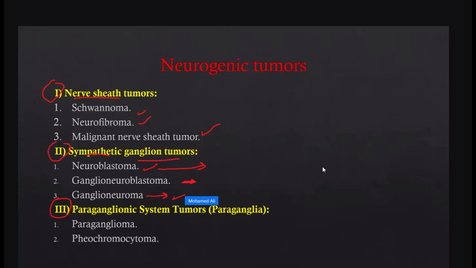It's more common in adults. We have also paraganglionic system tumors, paragangliomas, and don't be confused, because this one can be classified into sympathetic and parasympathetic, as we can see in the next slides. So don't be confused. This is sympathetic ganglion tumors. This is paraganglionic system tumors, and this one can be classified.